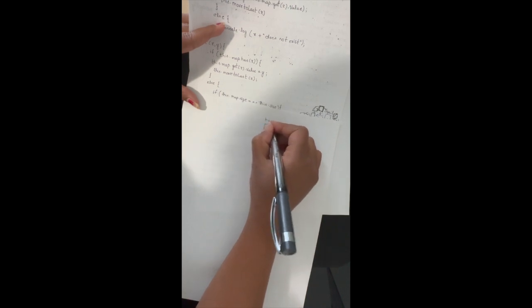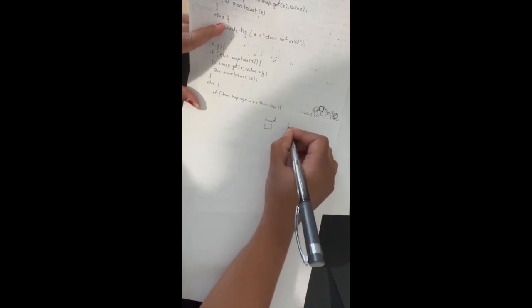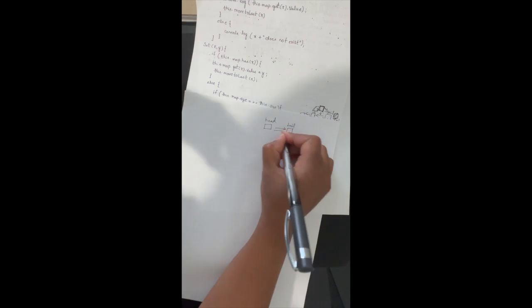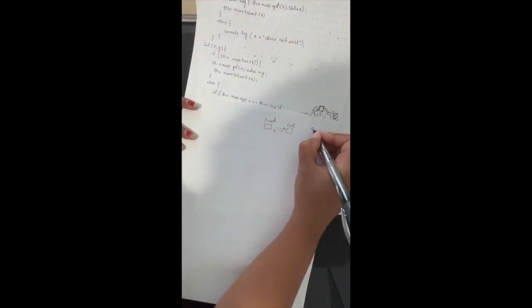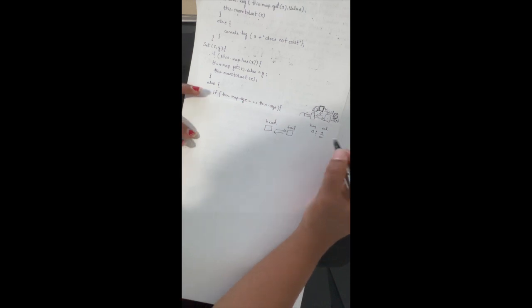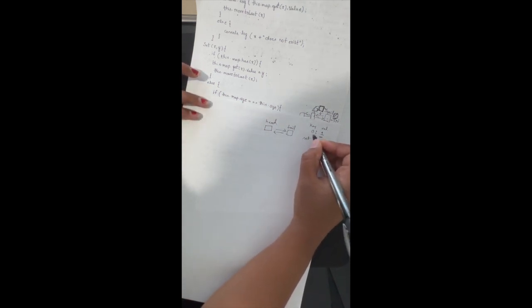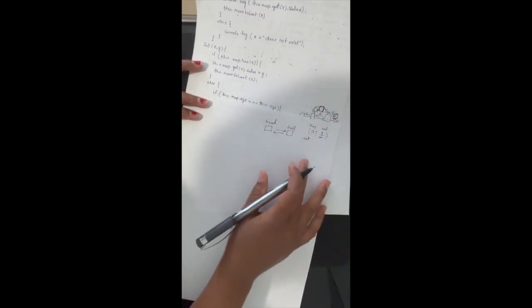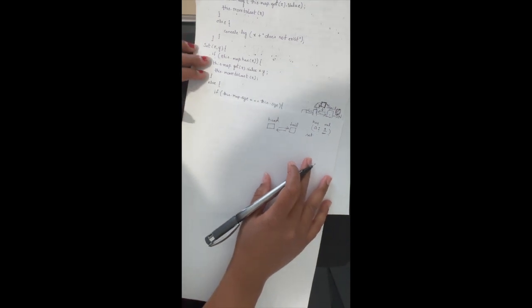We have head and tail, two dummy nodes, and a as key and 1 as value is given as input, and now the set method is called with these values. So we go to the set method.